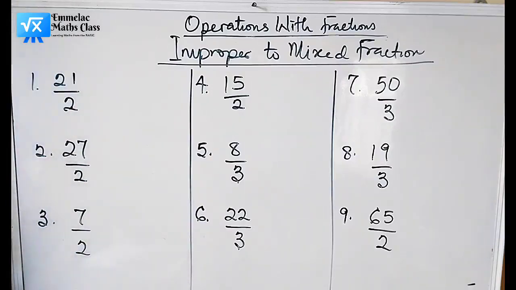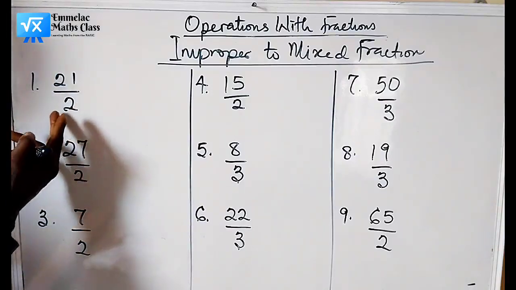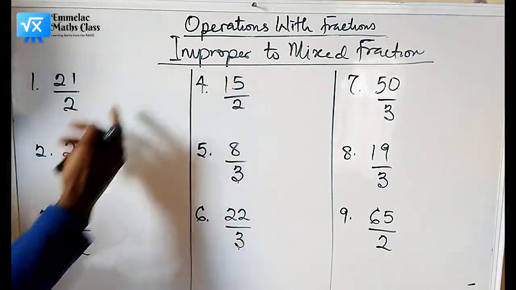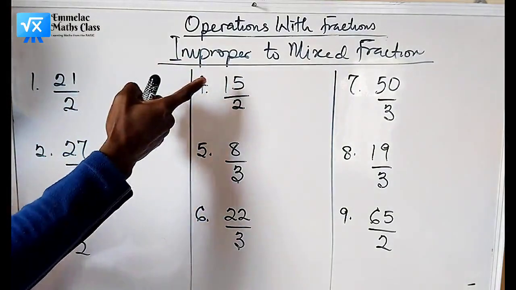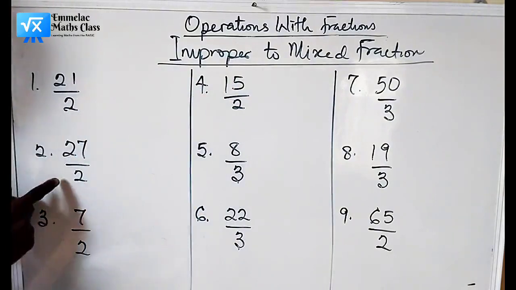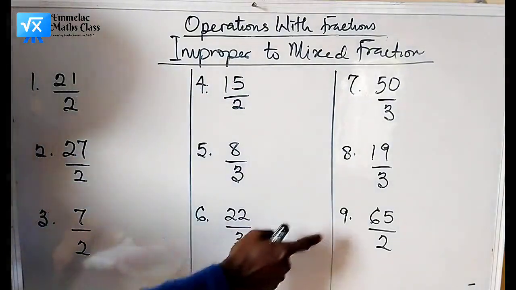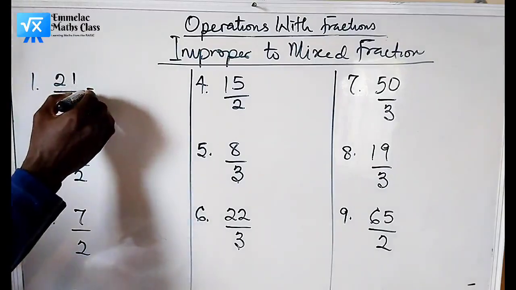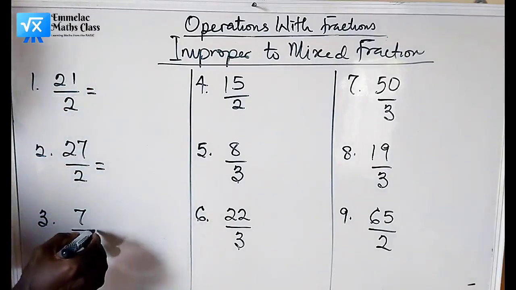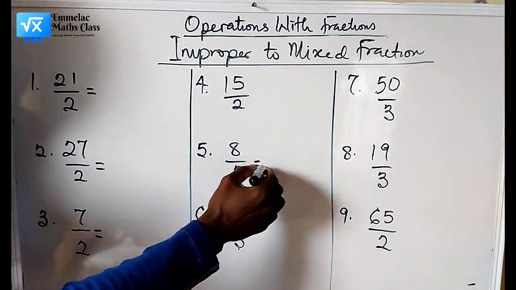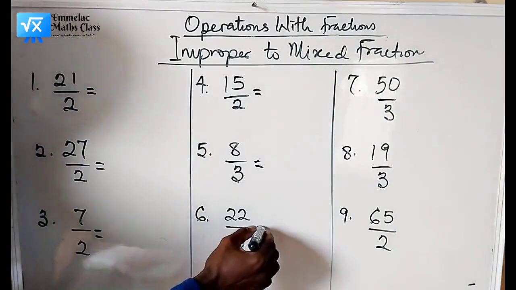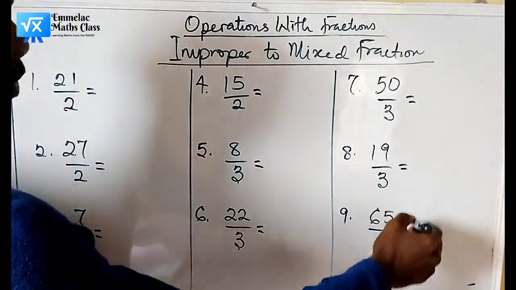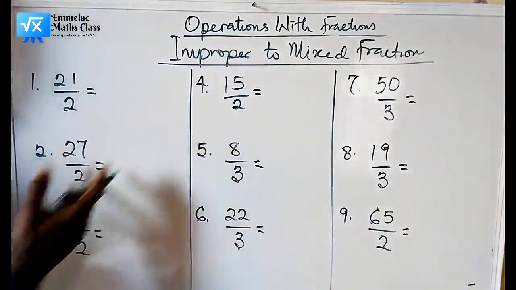Today I'll be teaching you how to change or convert an improper fraction to a mixed fraction with denominators 2 and 3. But before we move on, you must always consider whether it is 1 digit or 2 digits, because the more digits you have, the more complex it is.